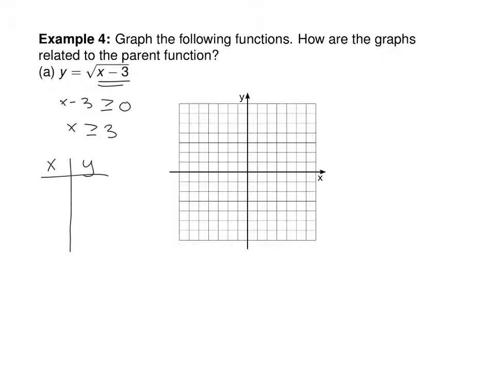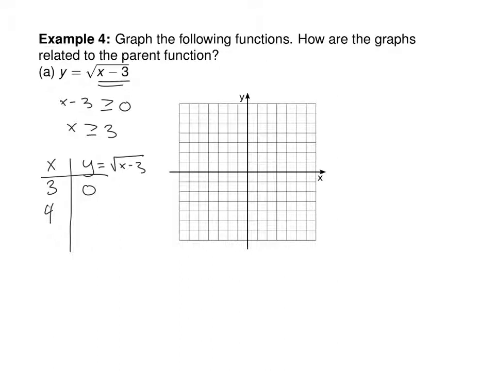So the first number you can plug in is 3. And when you plug it in, first you do 3 minus 3, and then you square root it and you get 0. Next, let's plug in 4. 4 minus 3 makes 1.